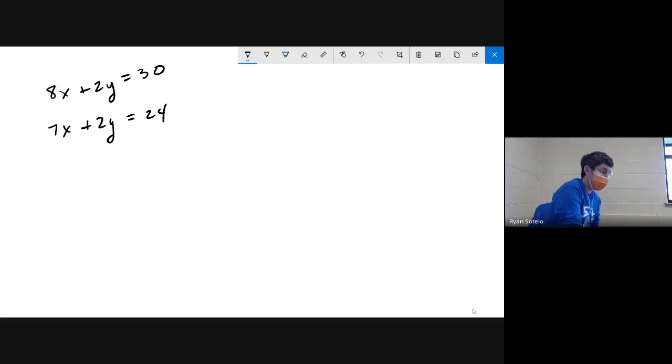You could subtract either way, it doesn't really matter. If you do this, you get 1x left, and you get 0y, so x equals 6. Yes, good.